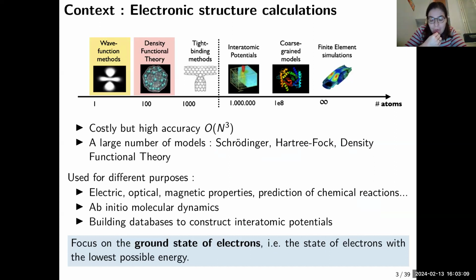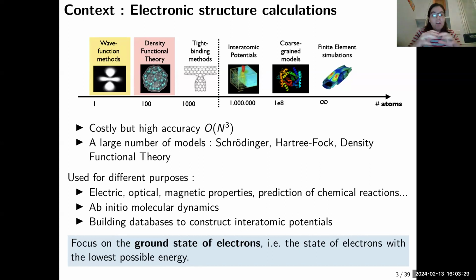We are interested in computing this because the state of the electrons within a molecule accounts for many of its properties: electrical, optical, magnetic properties. It also accounts for the different chemical reactions that may occur between different molecules.